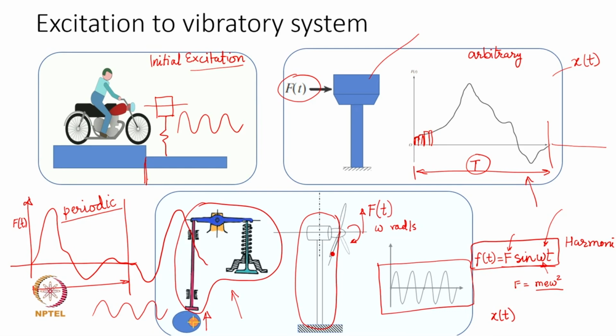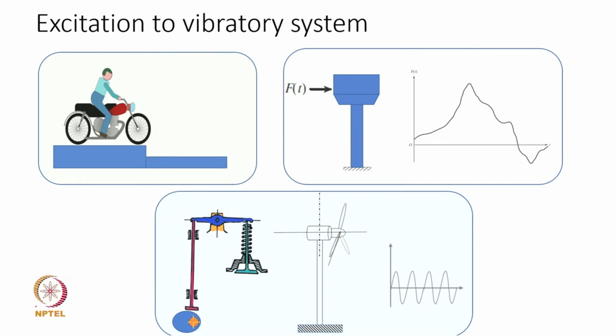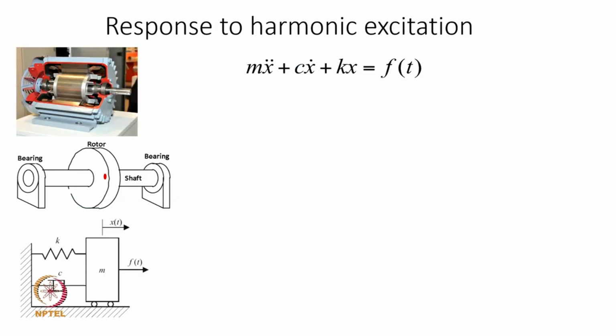We shall see how we can use all that we learn through the response to harmonic excitation to get the response to periodic excitation. So, that is the topic of discussion in the next few lectures.